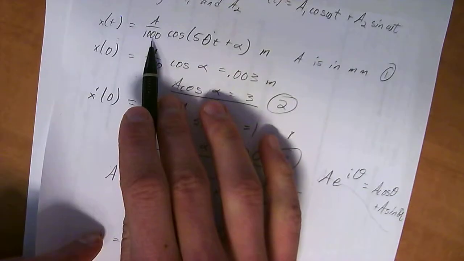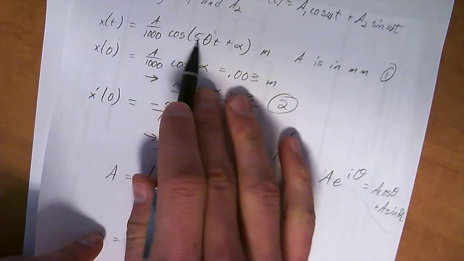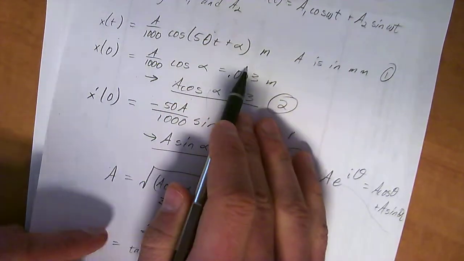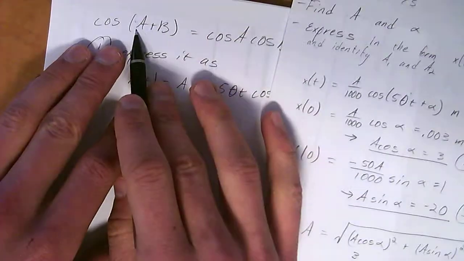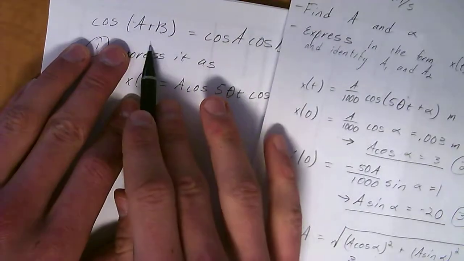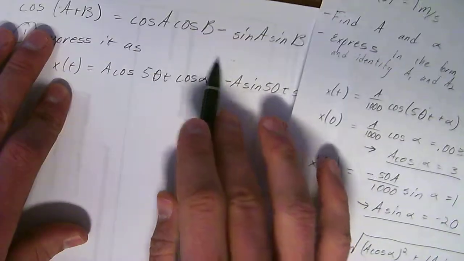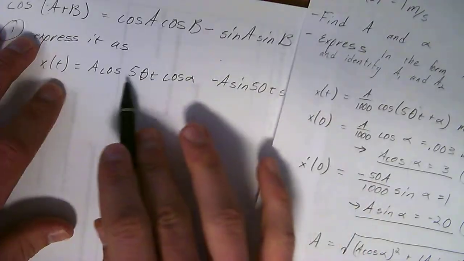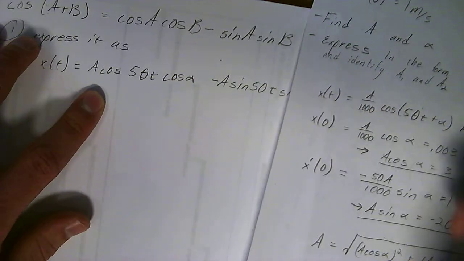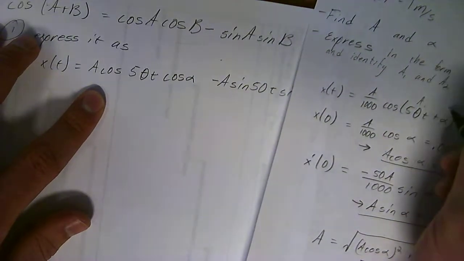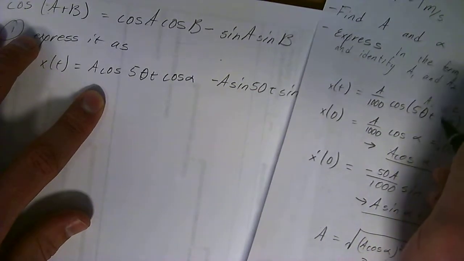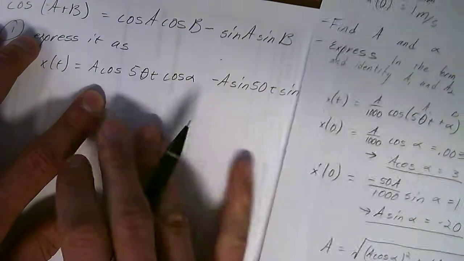The equation right here is the coefficient cosine 50t plus alpha, which is the equivalent of cosine a plus b. That's how I know we're able to use this identity. Take this identity, expand it out, and then you sub in the values that are here. So 50t is a, and then b, just like this. Sub it into the identity.